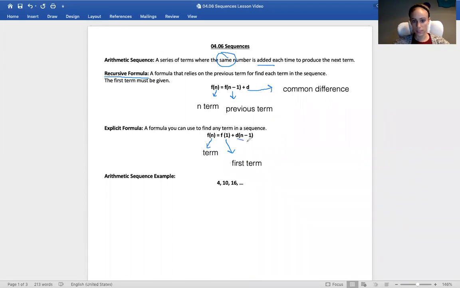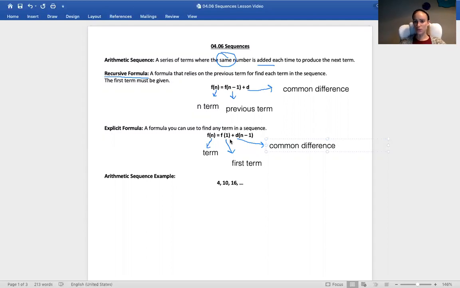And then our variable d still represents the common difference, and then it's multiplied by n minus 1. So that n minus 1, the n still represents our term, but it always will be subtracting 1. The reason for that is if we look at our equation, we have the first term. So if I want to find the 100th term, I only need 99 more. So 1 less than the term I'm looking for because I always have that initial term.